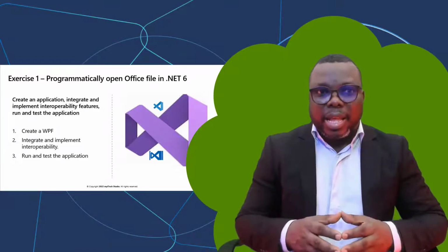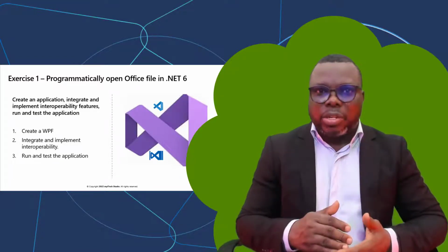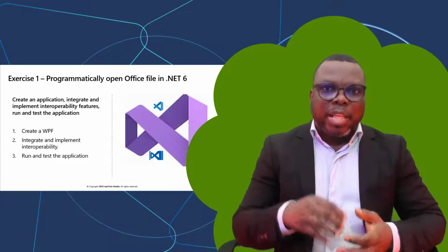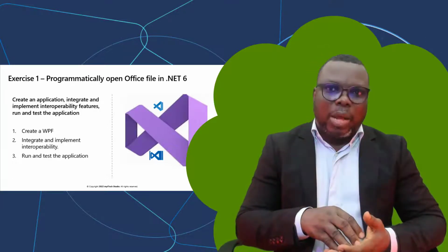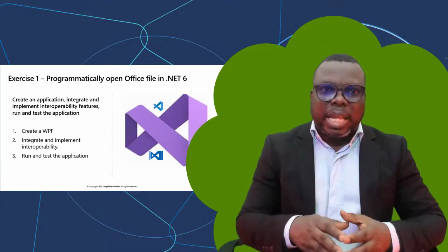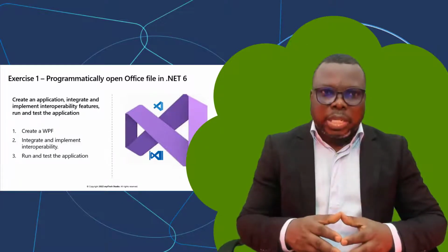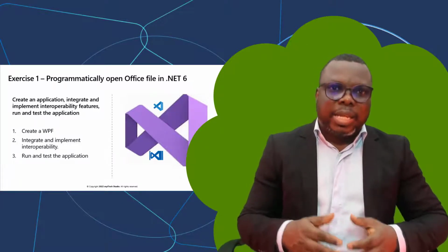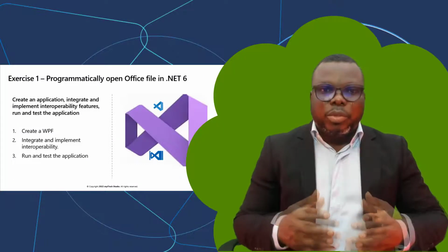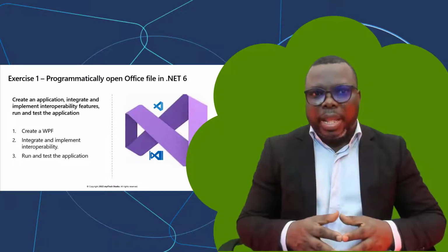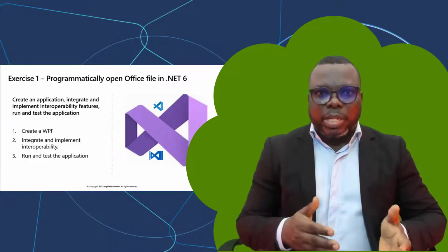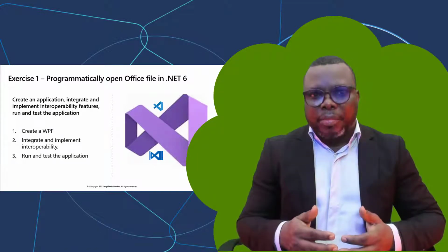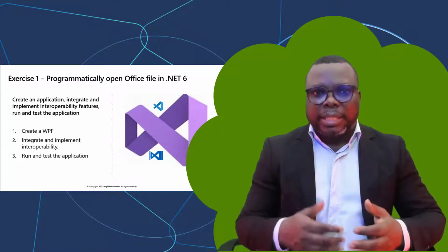In this exercise, I will create an application, and integrate and implement interoperability. I will run the application and test it so that you can do the same. After completing this exercise, you will be able to create a WPF application, integrate and implement interoperability, and run and test the application.